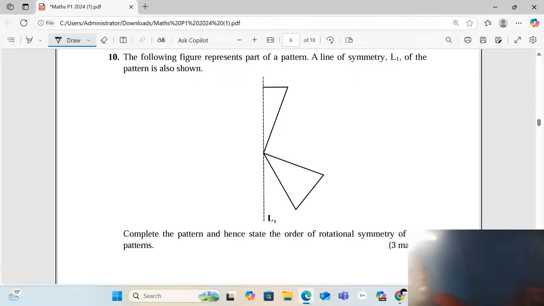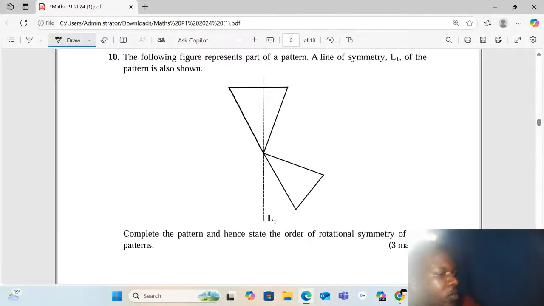So now we complete the pattern. This is how the pattern is going to be completed. This is a triangle. First of all, you come and complete this part whereby we are having a triangle here. So we do this, complete this part up. Then this way.